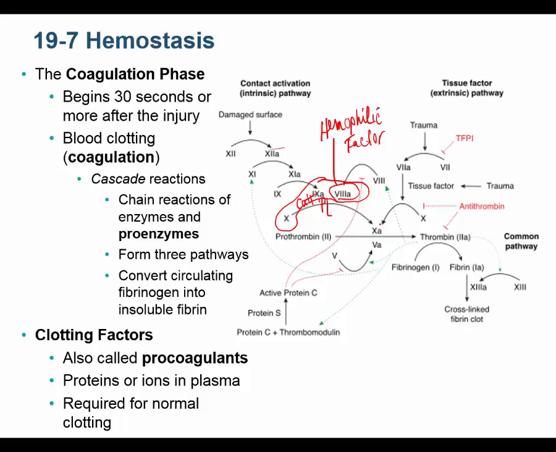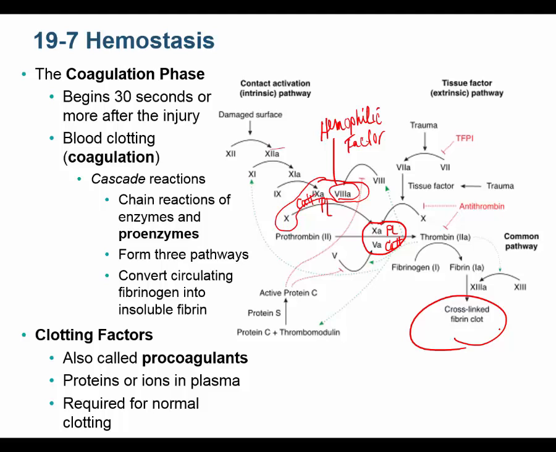Now 10A, 5A, phospholipid and calcium is called the prothrombinase complex, and that activates prothrombin to thrombin. And then thrombin activates fibrinogen to fibrin, and then fibrin cross-links your platelets. Okay, so that's the intrinsic pathway.